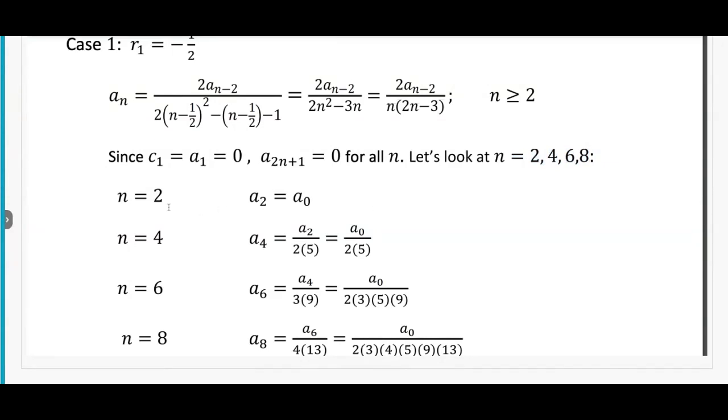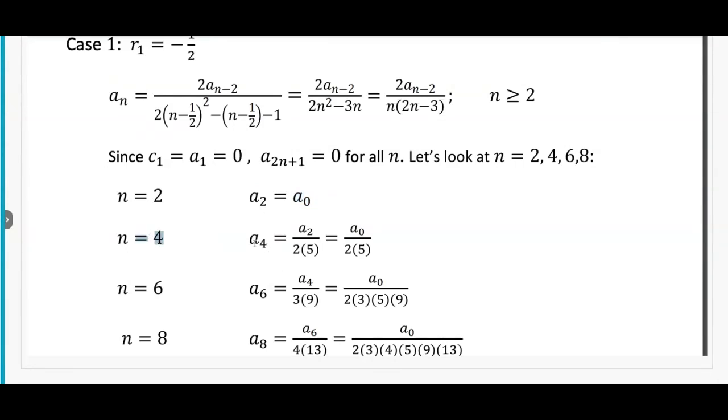For even terms, if n equals 2, we can substitute in this way. So A2, substitute in 2A0, then 2 times this, we see A2 equals A0.